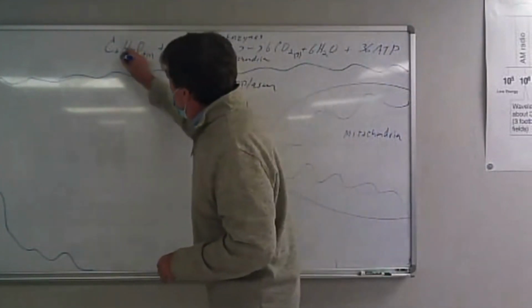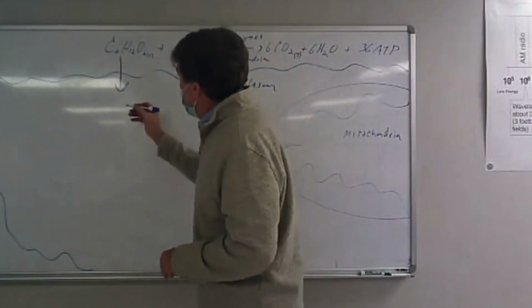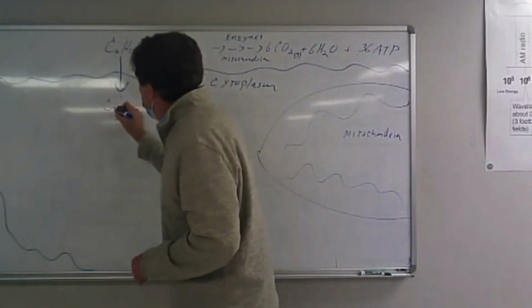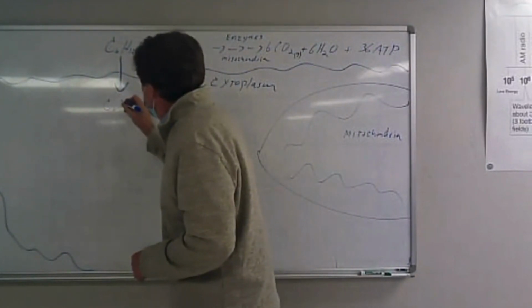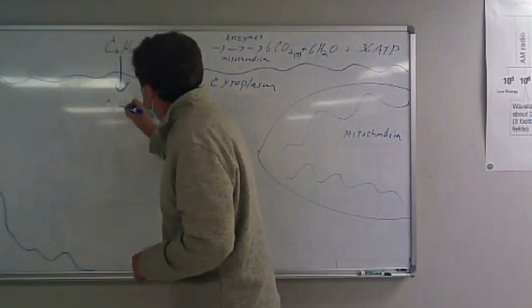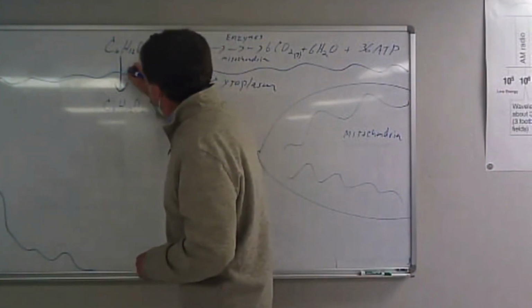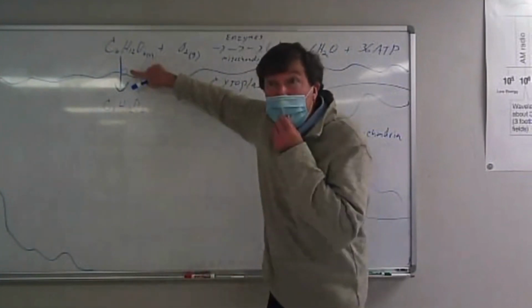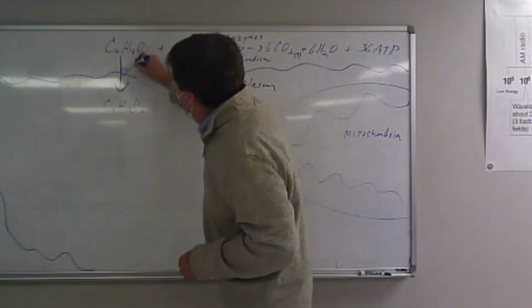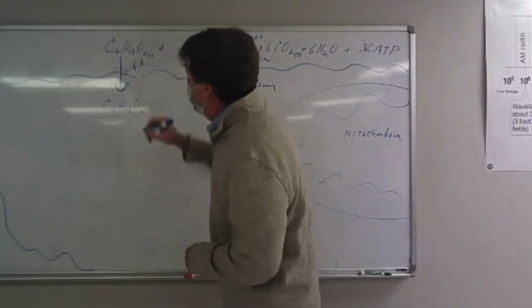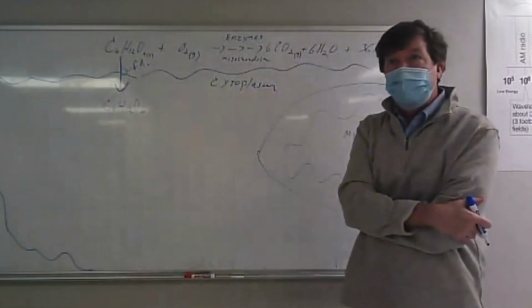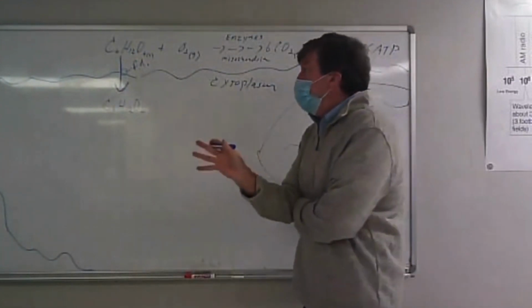Glucose is going to enter the cell, and it's going to enter the cytoplasm here. C6H12O6. And by the way, it does that with the help of a carrier protein, and that is facilitated diffusion, which we talked about. So that's a good review.